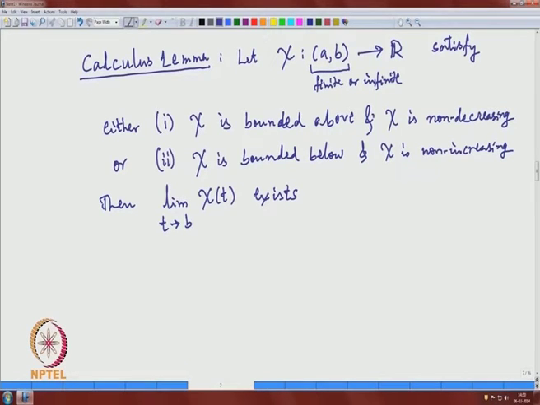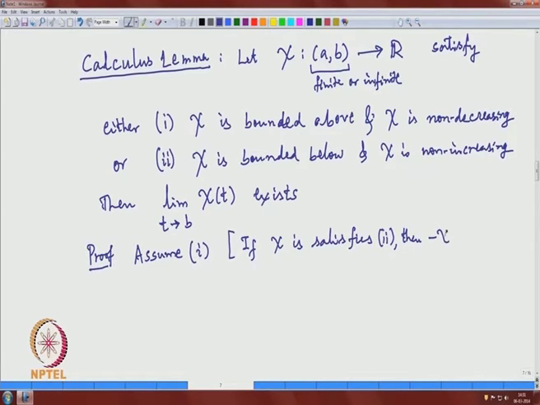Okay. So, quick proof. Assume 1. Okay. So, 2 is similar, and in fact, if chi satisfies 2, then minus chi satisfies 1.